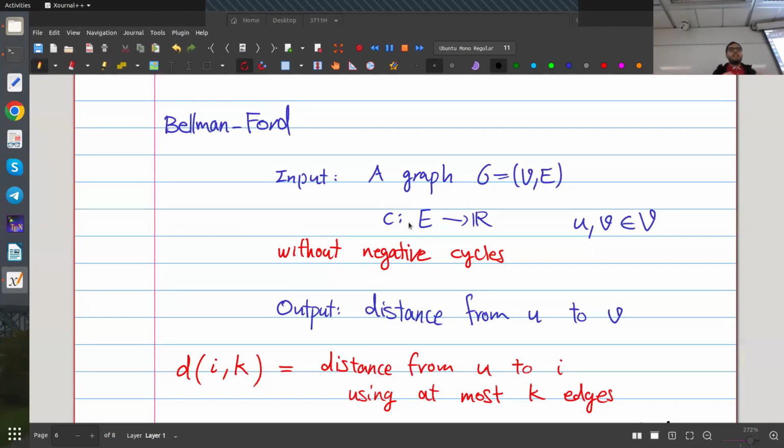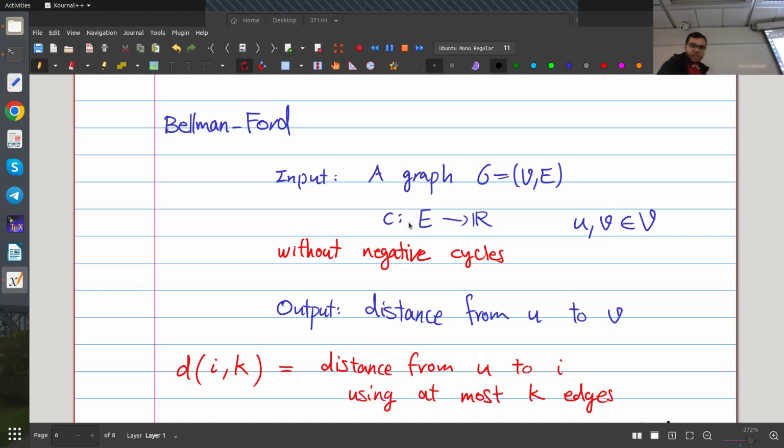I said that the shortest path from U to V is going to have at most n edges in it. Now, if I have a negative cycle, that's the only part of my argument that doesn't go through. Because if I have a negative cycle, maybe the best way is to just go to that negative cycle and keep spinning, right? So this algorithm can be used to also find negative cycles.